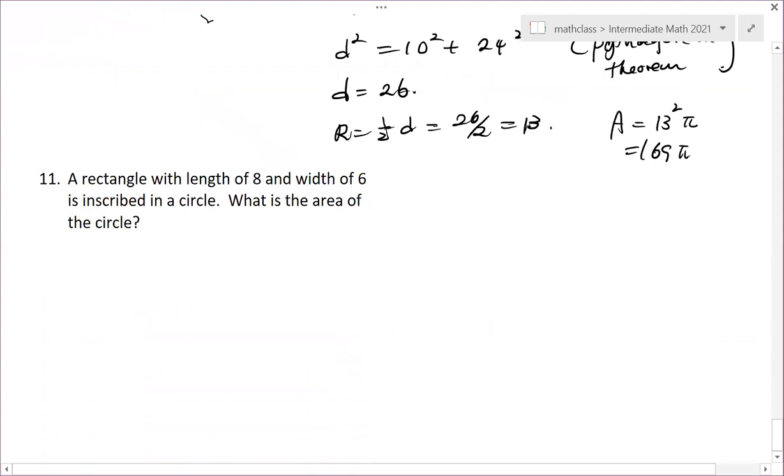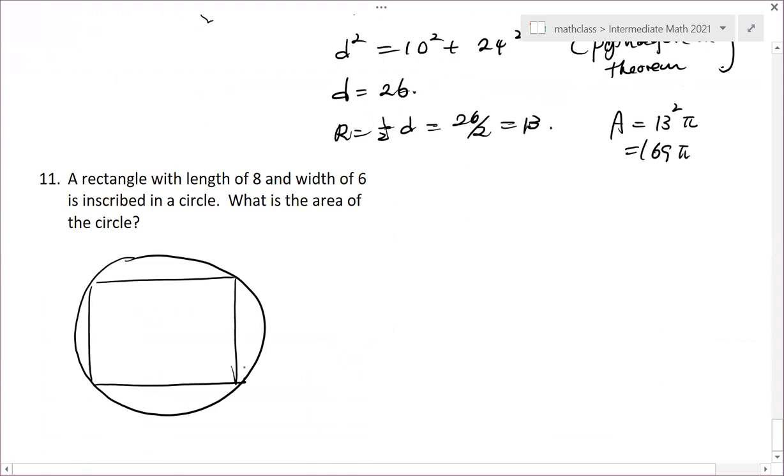All right, here's a circle. A rectangle is inscribed in a circle with length 8 and width 6. What is the area of the circle? So in order to find the area of the circle, you connect this line.